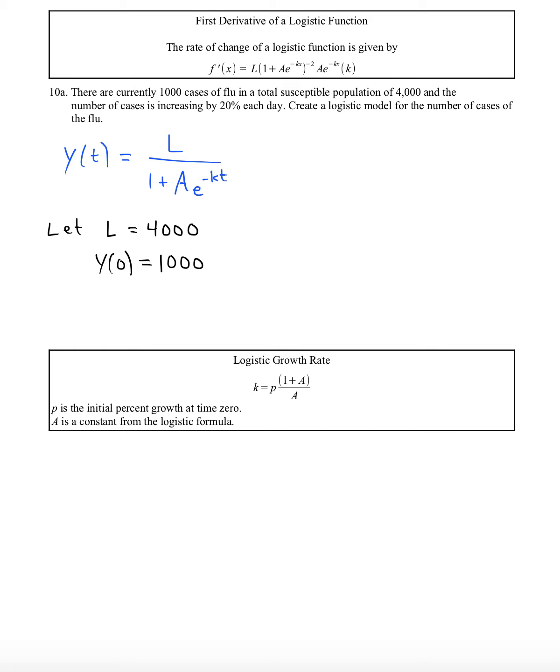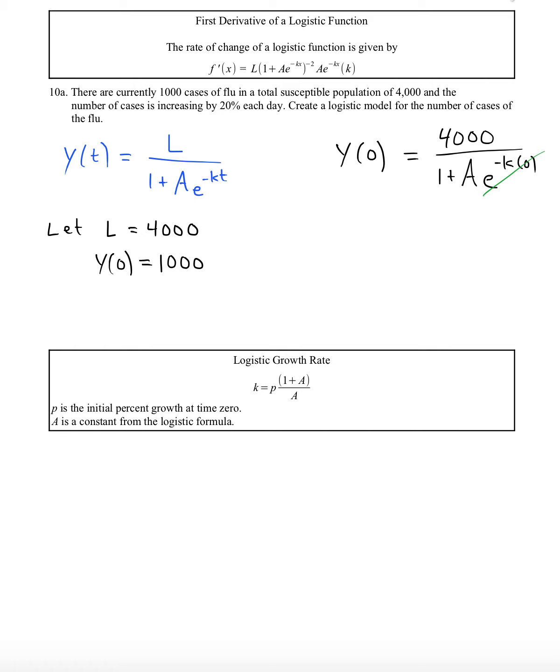So A is not too tough to find. All we have to do is plug in the initial value of y and then plug in a time of 0. As you can see, that is going to make this part go away.